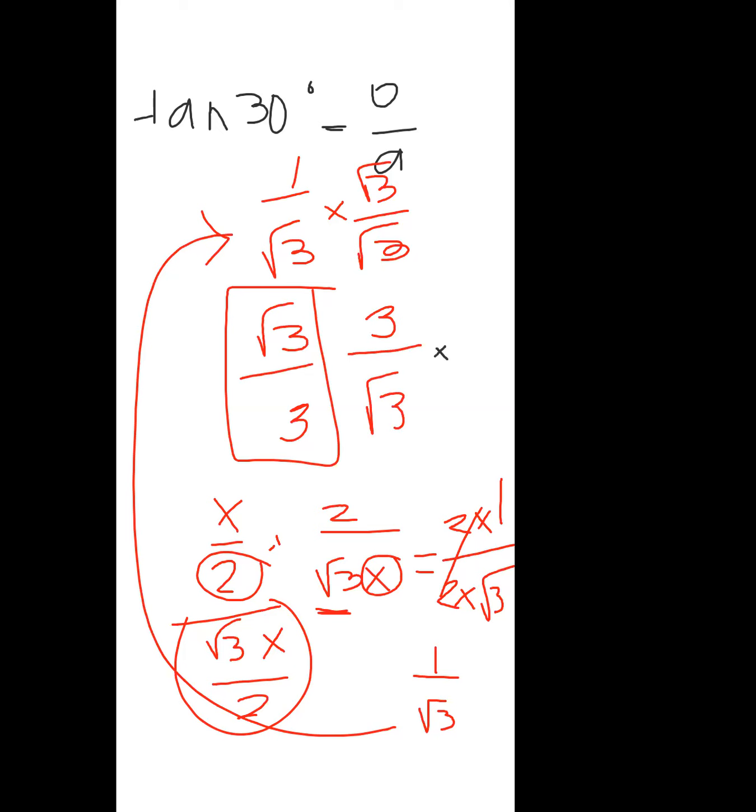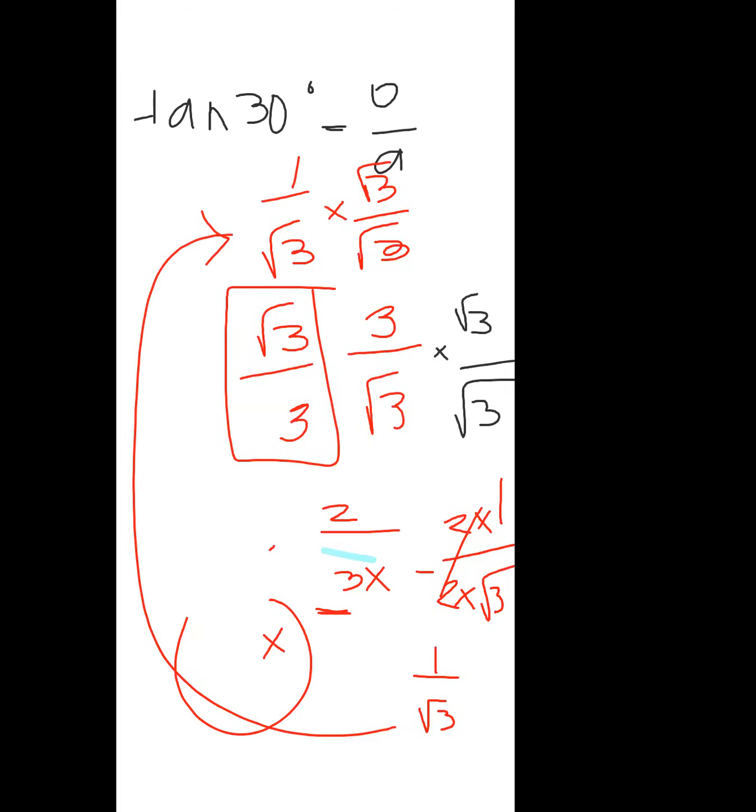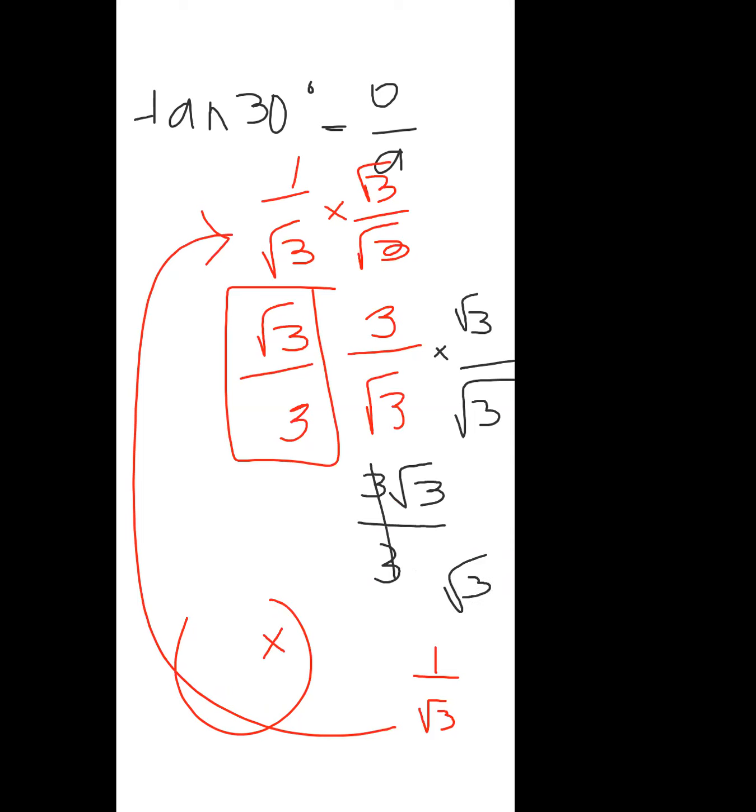So, multiply square root of 3, square root of 3. 3 times square root of 3, so we have 3 square root of 3. And then square root of 3 times square root of 3, that is 3. And 3 divided by 3 cancel. So, ang natira na lang ay square root of 3. Kaya ang ating value sa cotangent 30 degrees ay square root of 3.